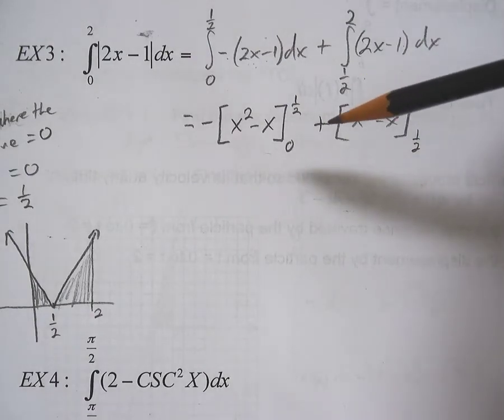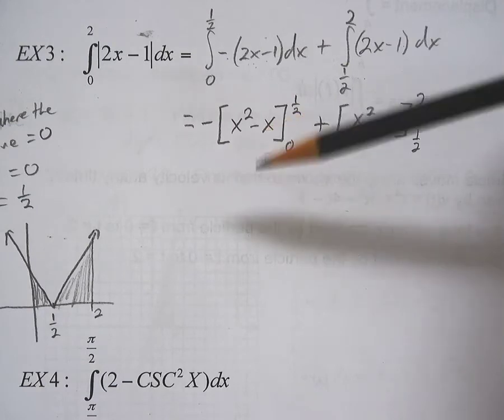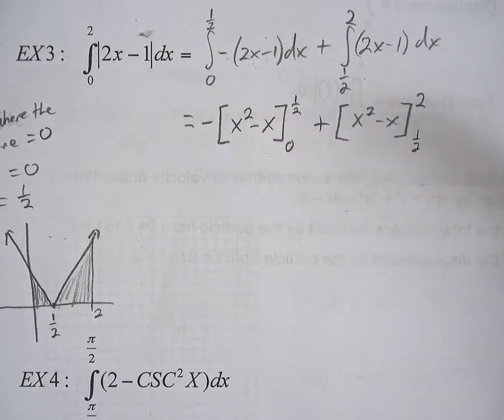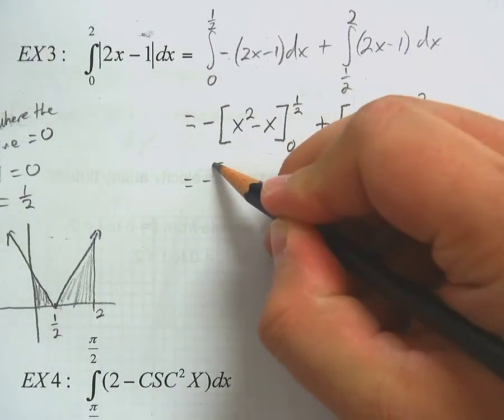Now at this point, you have to bust into your f of b minus f of a and go about all that jazz. F of b, so I need the 1/2. This is going to be negative.